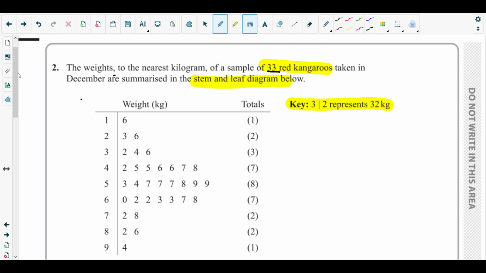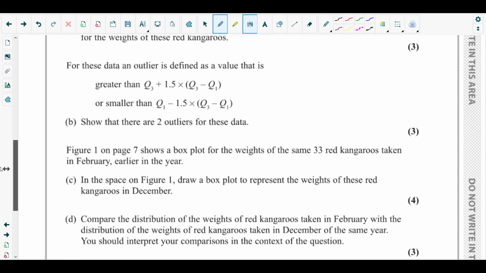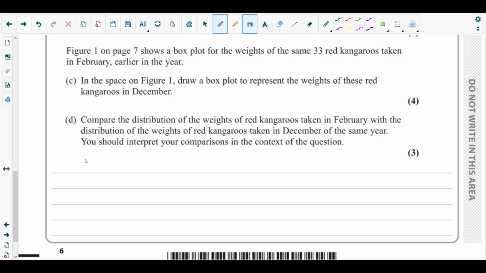For the median we need the n/2th term, right? So the median Q2 equals n/2, n is 33, so 33/2, which is 16.5. Here you can see that the total number of data is odd, 33 is an odd number.